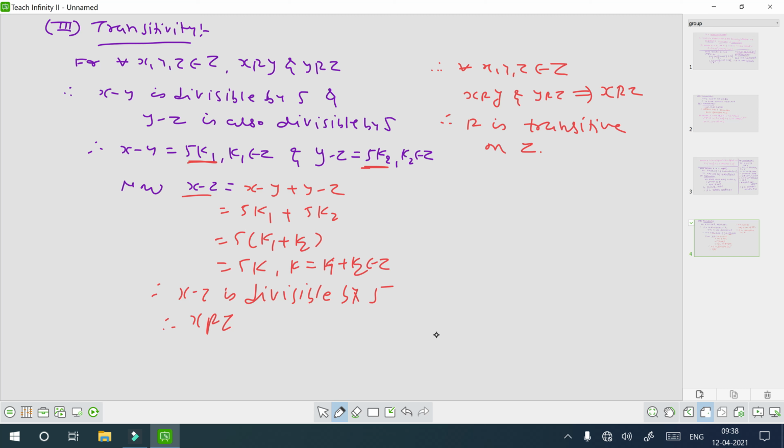That relation is reflexive, symmetric as well as transitive, and therefore R is an equivalence relation on Z. Let us give one example, a relation on Z, ordered pair (x, y) such that x minus y is an even integer.